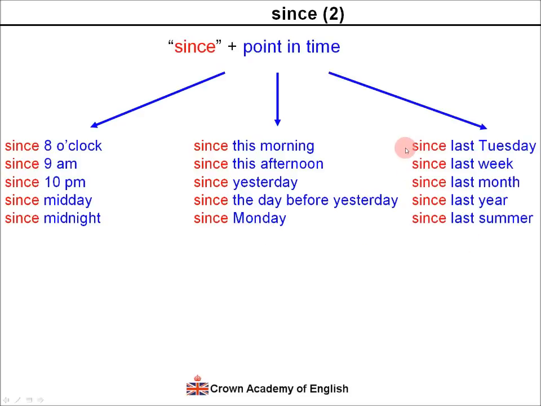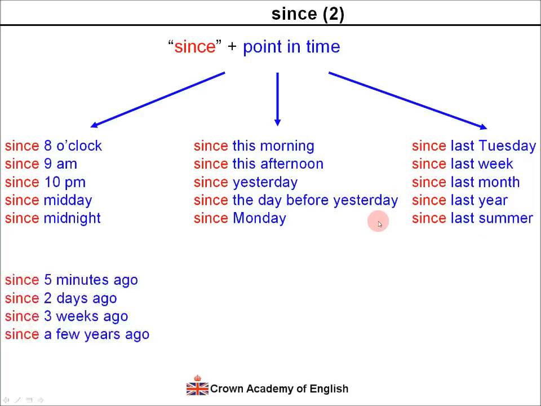Since last Tuesday, last week, last month, last year, last summer. Since 5 minutes ago, 2 days ago, 3 weeks ago, a few years ago. These are all examples of possible points in time that we can use with since.